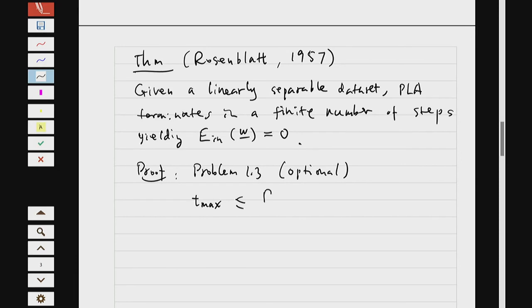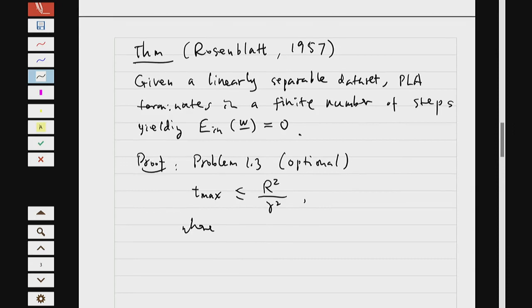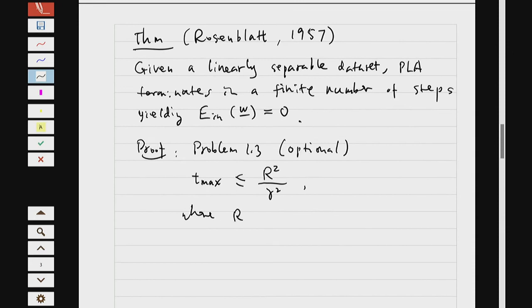upper bounded by this value, R squared over gamma squared, where R squared pretty much indicates how large the space is for your data points. More precisely, R is defined as the maximum size of the 2-norm of your training points. So how big those vectors can go.